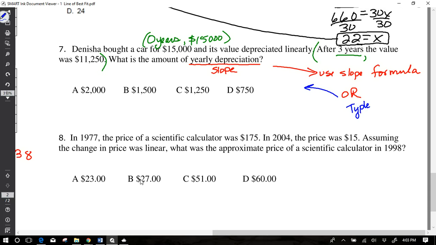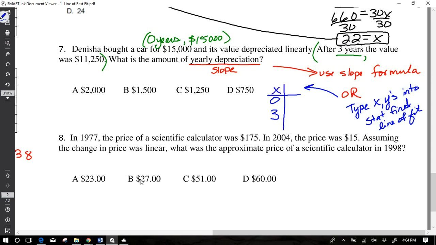Type X and Y's into stat and then find the line of best fit. You can still do this the old way if you want to. I'm going to show us how to do it the new way, okay? If you have a calculator for a problem like this, it wouldn't matter which method you chose.